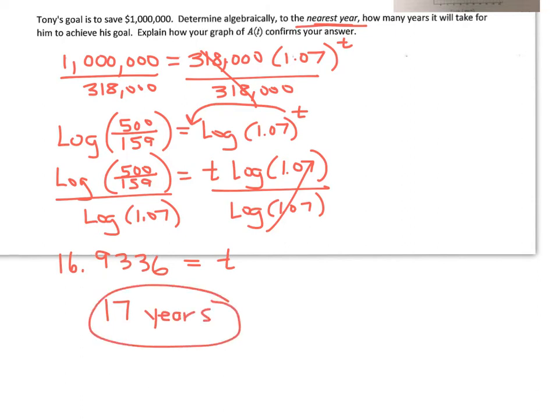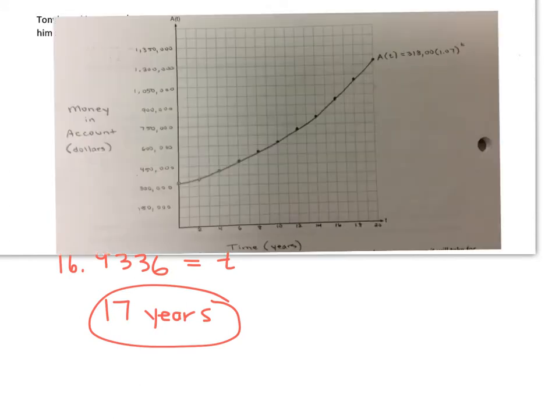Okay, now it also says here to explain how your graph of A of t confirms your answer. Okay, so if we look at our graph here, let's say I'm going to go to year 16 and follow that up, we'll see that it's kind of hard to tell off the graph here, but it looks like it's going to be under 1 million, okay, because if this is 900,000 here, and we know that each box represents 75,000, this would be up here 975,000.